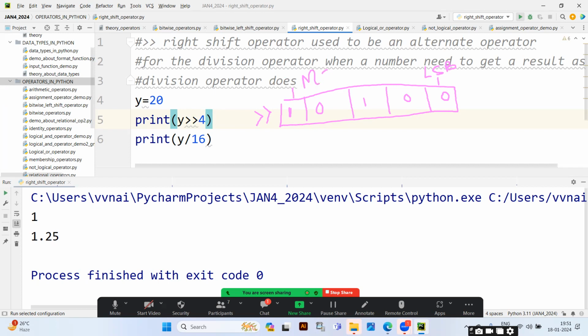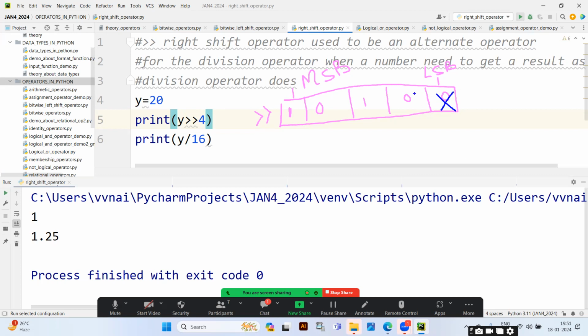Correct. And MSB? Most significant bit, exactly. So whenever you perform the right shift operation, the least significant bit is going to vanish. It's an assumption; we have to perform it like that.